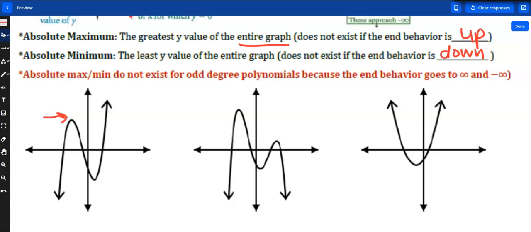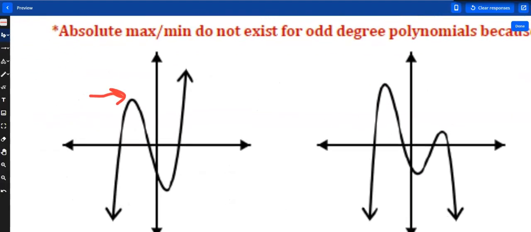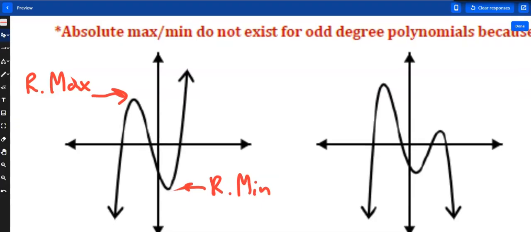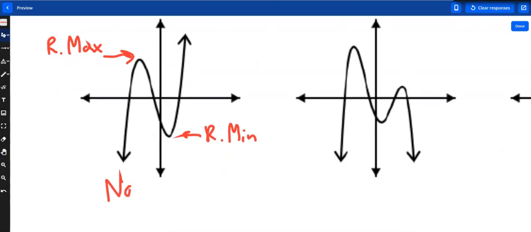I'm going to abbreviate this and call it a relative max, I should say. Let's back that up. Relative max, relative min. Here, we'll just use R. No absolutes.